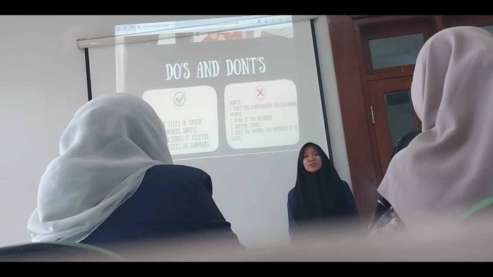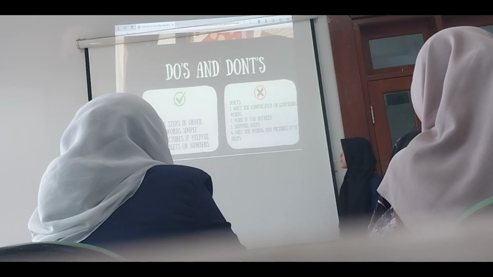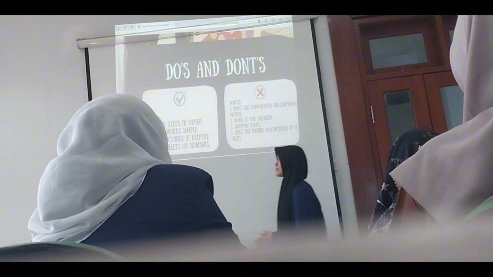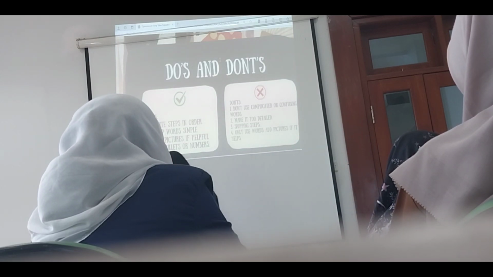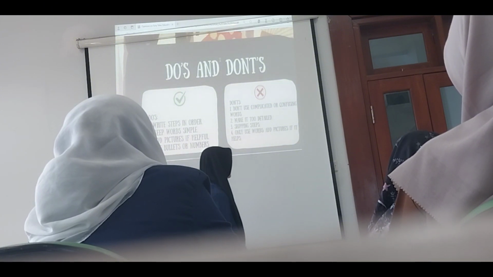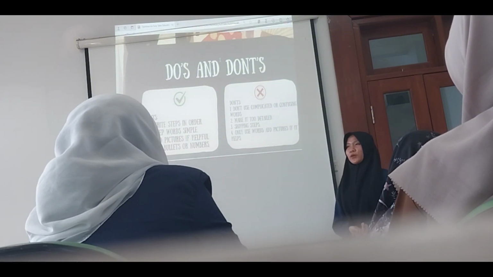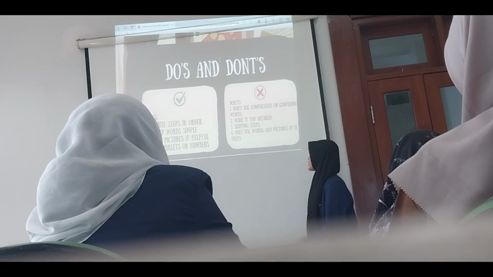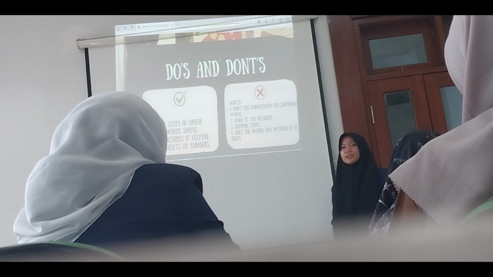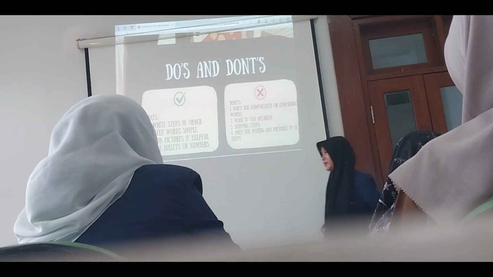Skipping steps. We cannot skip the steps because if we skip them, it will ruin all the instructions. Number four, only use words. If you want to make your procedure text interesting, you can consider adding pictures if it helps the reader get the point better.